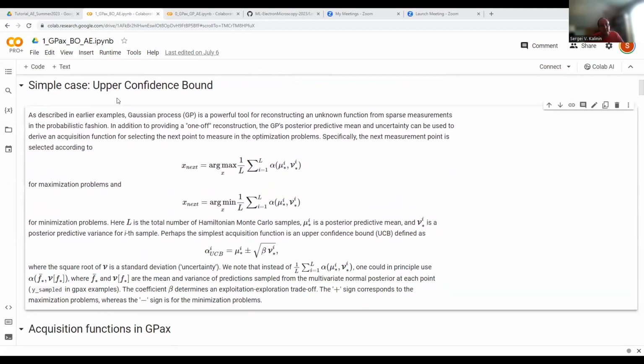In this case, we primarily look at the upper confidence bound acquisition function. Upper confidence bound is just a linear combination of the prediction and uncertainty. So this is our predicted function value. This is our uncertainty.